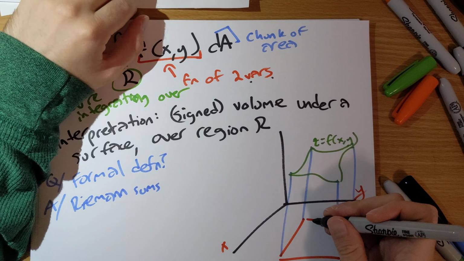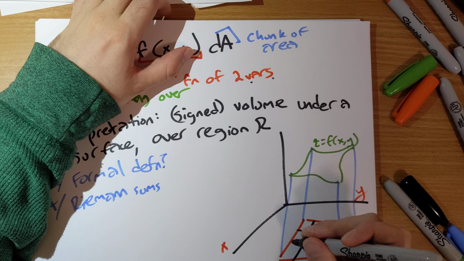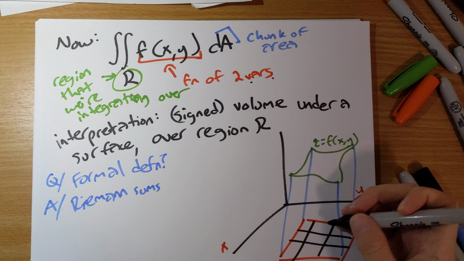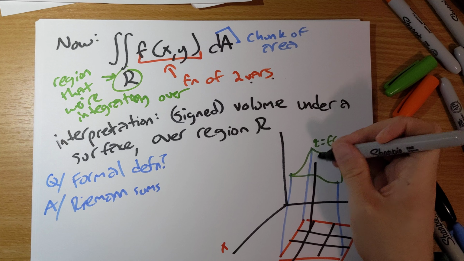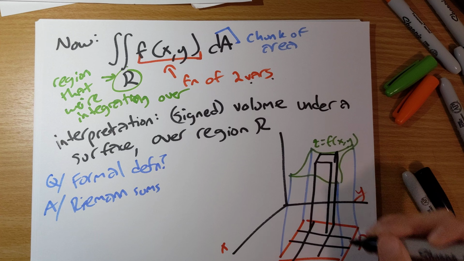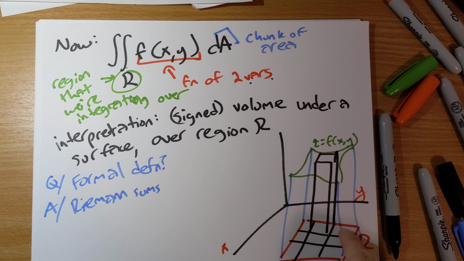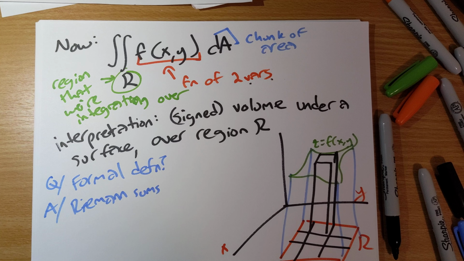The formal definition here is that we're going to chop up our underlying region R into little squares or little rectangles, and then for each little rectangle, find the volume of this rectangular prism. Take some test point up here, find the volume of this rectangular prism, and then add up all of the volumes. I drew 1 here, you'd have to do 8 more. Add those up, that gives you an estimate, and then take the limit as those areas go to 0.